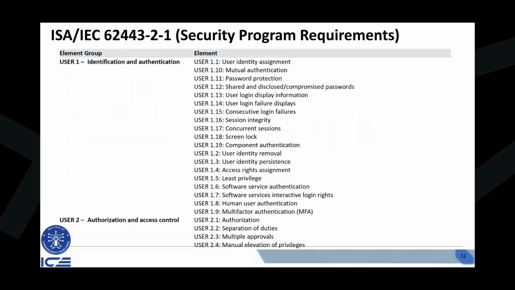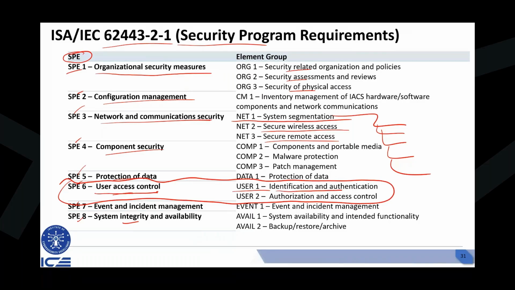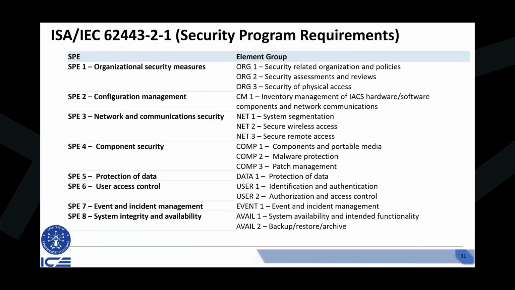So if I go back over here, let's do a deep dive into this particular SPE 6 for user access control, which has two groups. The User 1 group is called identification and authentication, and the next group is authorization and access control. Within each of these, there are actual security elements.